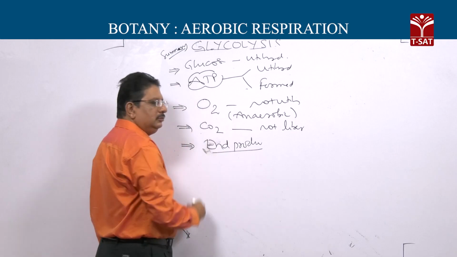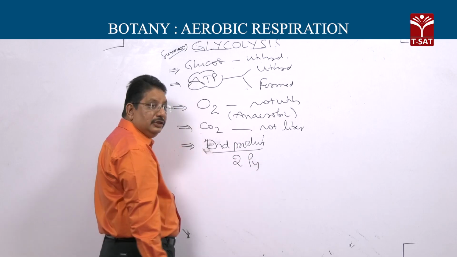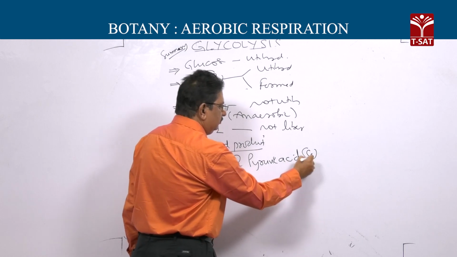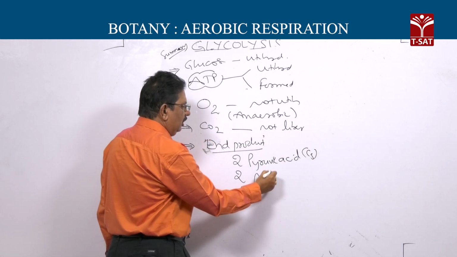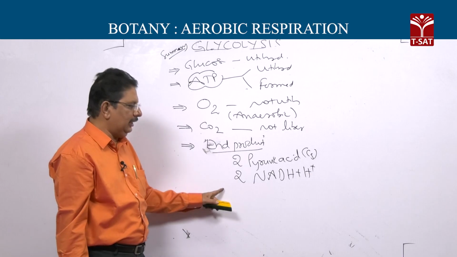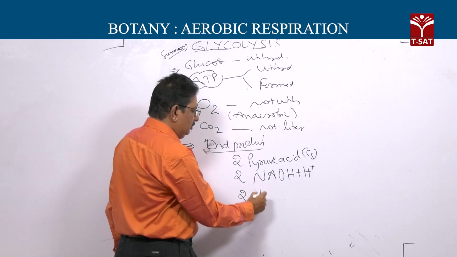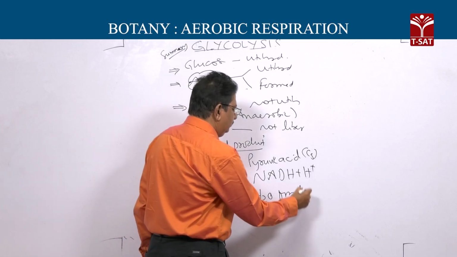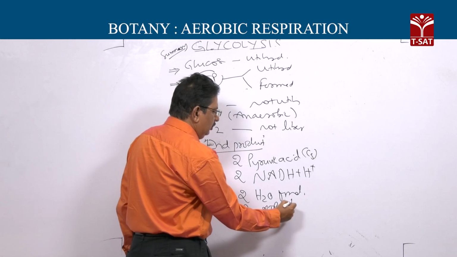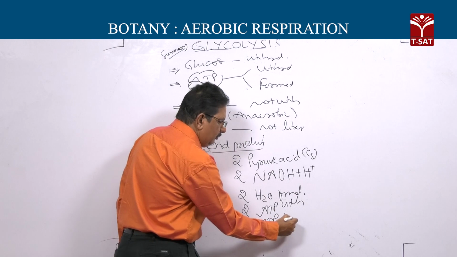The end products of glycolysis are 2 molecules of a C3 compound, that is pyruvic acid, and 2 molecules of NADH plus H plus, one form of energy to be oxidized later to get ATP, and 2 molecules of water are formed, and 2 molecules of ATP utilized, 4 molecules of ATP formed.